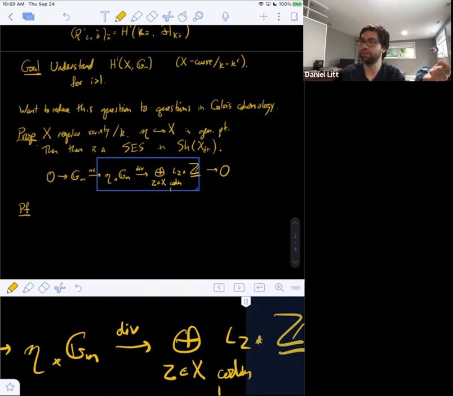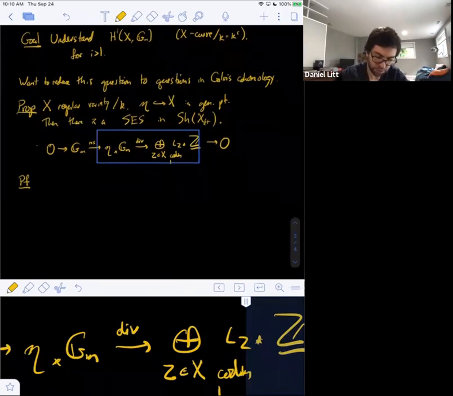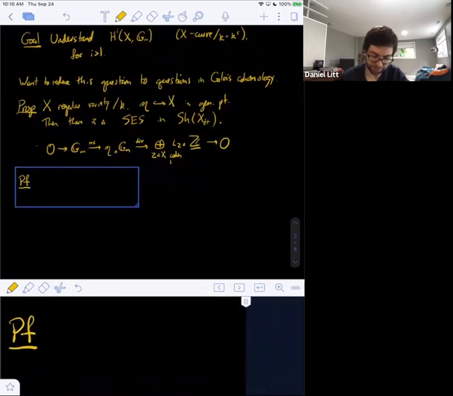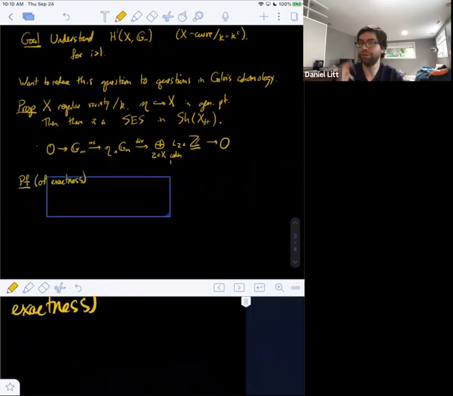All but finitely many of those numbers will be 0, so you'll get a section of this sheaf. Okay, so can anyone prove to me that this sequence is exact? So we've made a sequence, so we want to prove its exactness. Any thoughts?